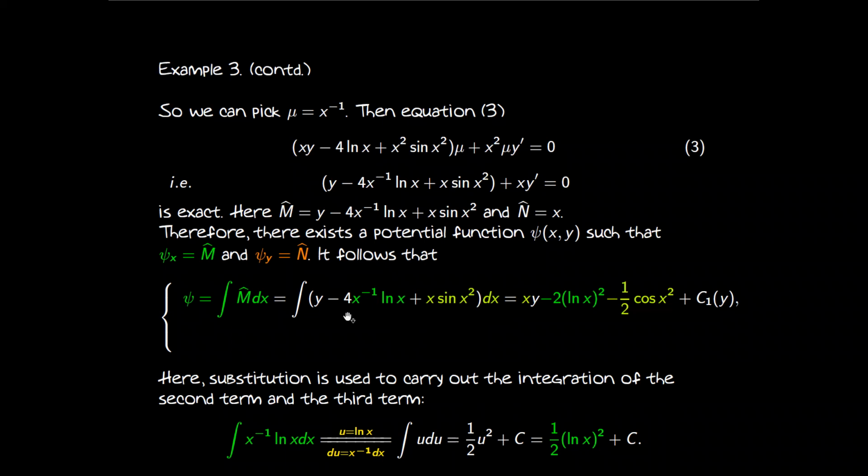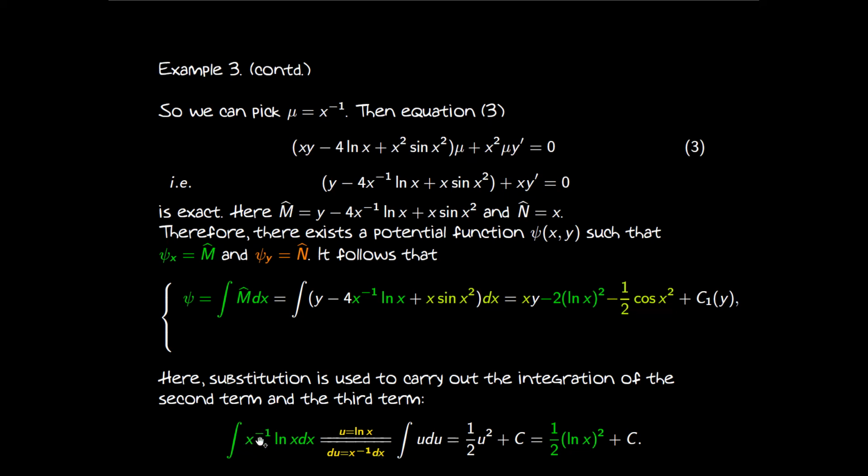And for the next two terms, we can try to use substitution. Actually substitution works. In particular, for the second term, you can see I did the work over here. We have two terms right here, and the log x is actually a troublemaker for this problem, right? So we're going to take the new variable u as log x. And then we know du is going to be x to the negative first power dx.